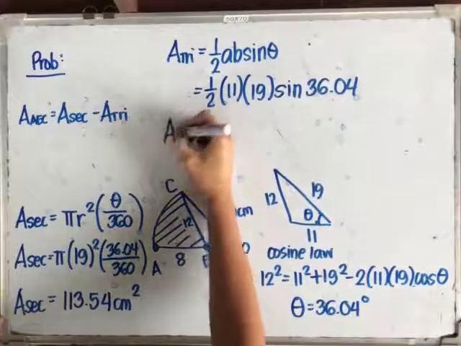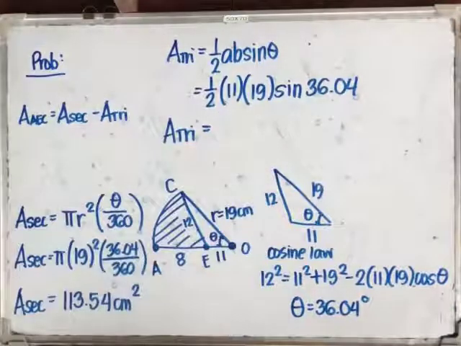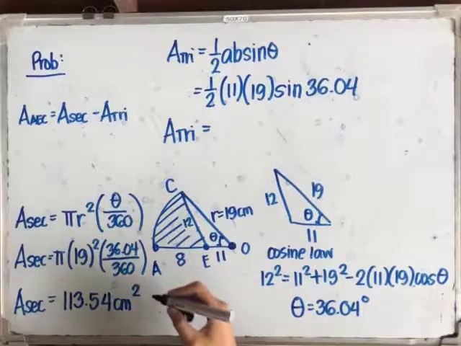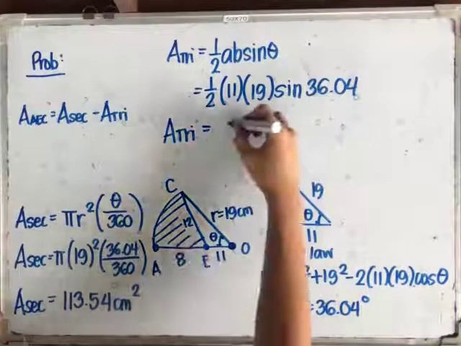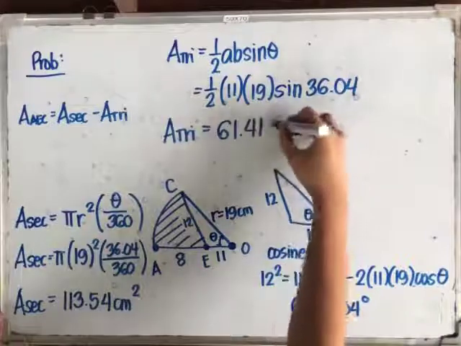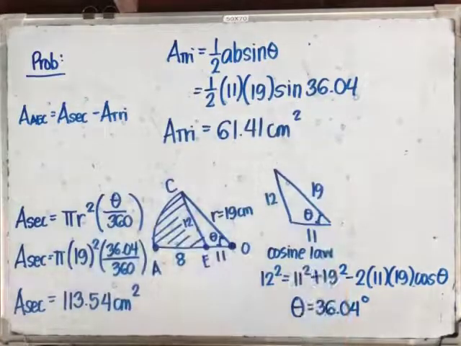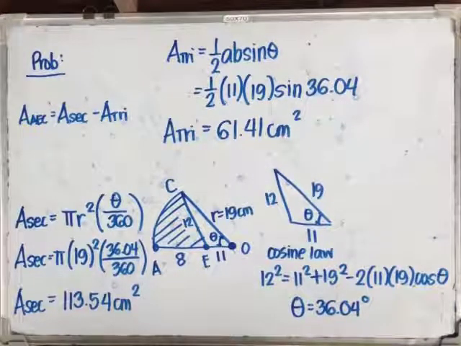And that would give us area of the triangle is 61.41 cm squared. Now, going back to our equation kanina, we can compute for the area of AEC.